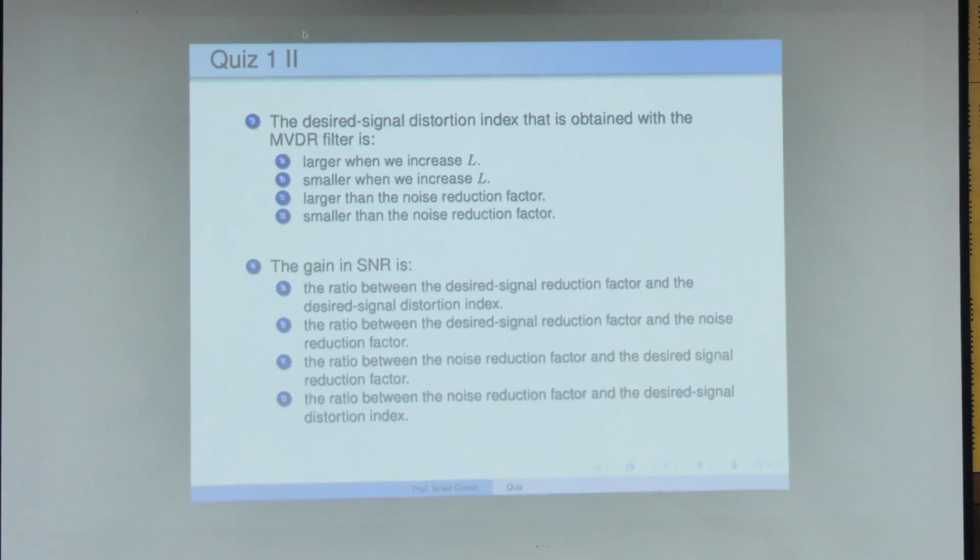Maybe you remember it's some ratio, but you're not sure if it's C or D. When you increase the noise reduction factor, it means that you suppress more noise, right? So what happens to the gain in SNR? Increases. Exactly. So it should be in the numerator. So it's the ratio between the noise reduction factor and the desired signal reduction factor. Okay, let's move on.